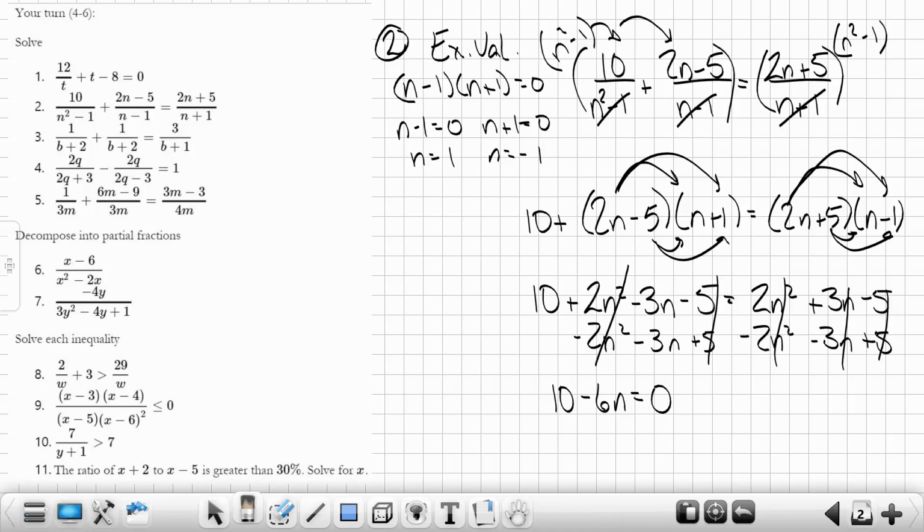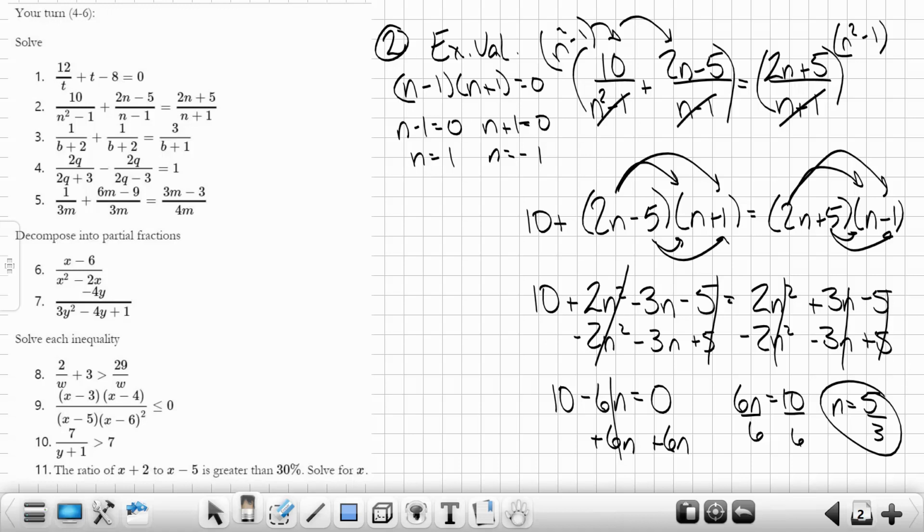Add 6n, divide by 6. n equals 10 over 6, and reduced it is 5/3, which is not 1 or negative 1, so it's not one of my excluded values, and I'm golden.